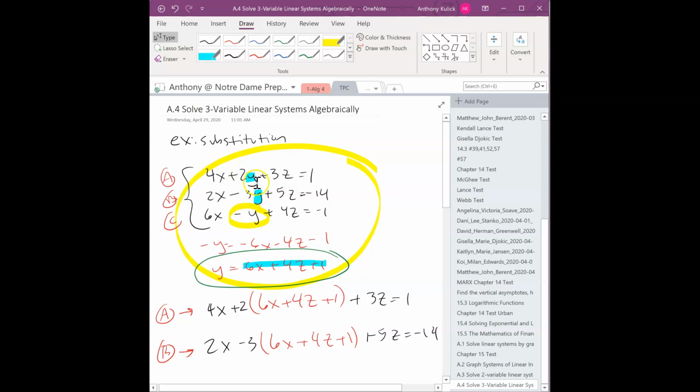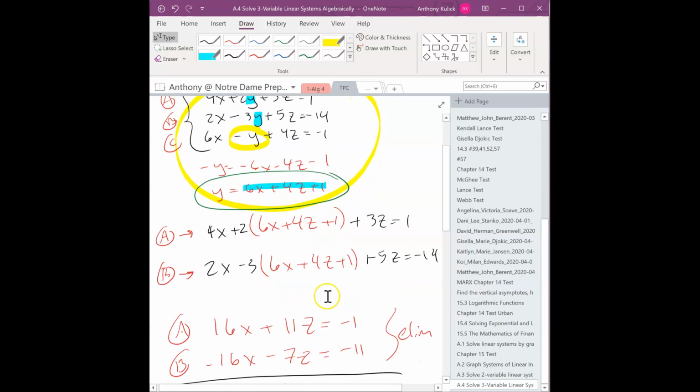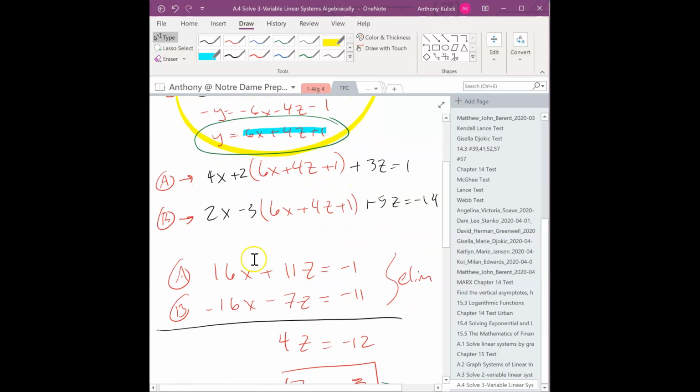So I plugged my value for y into A, and then my value for y into B. And then I simplified. That gives me a 2-variable system, right? So I have my new equation from A and my new equation from B. Both of them just have 2 variables in them.